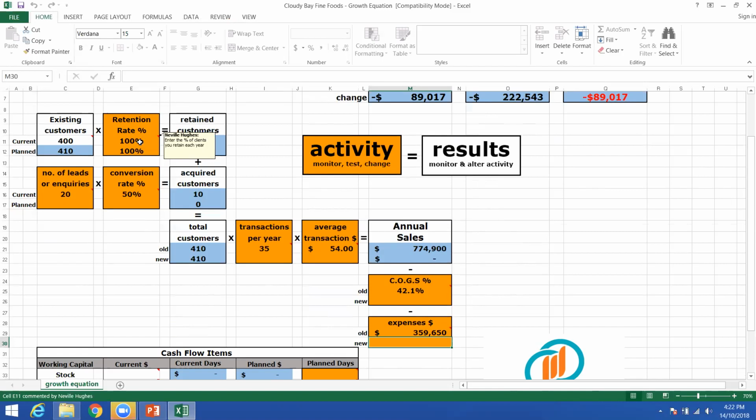If you could tell a prospective buyer of your business how many existing customers you have, how many of those customers you retain, how many new leads came on board, how many of those leads you converted into new customers, how many times on average per year they were buying from you, what their average spend was, who your key suppliers are, and what percentage of your turnover that was.